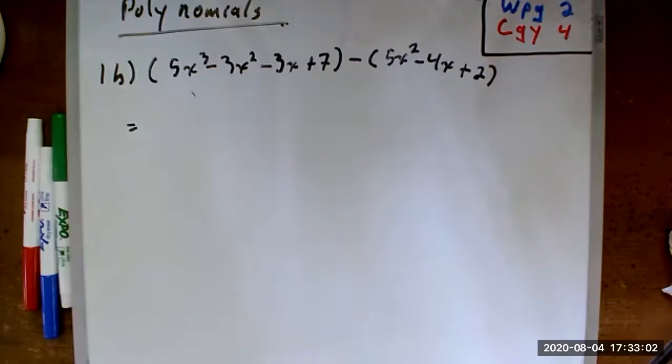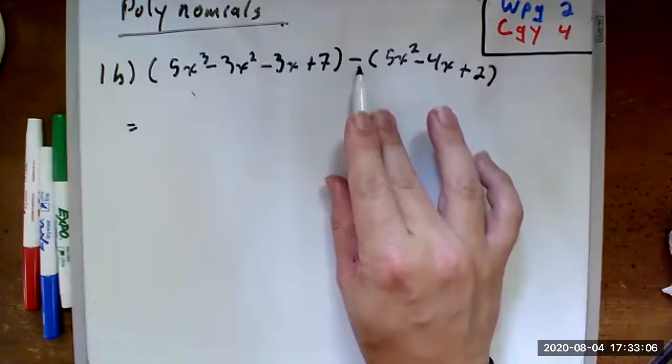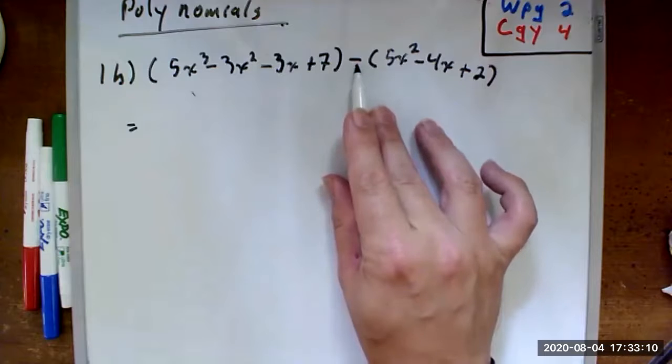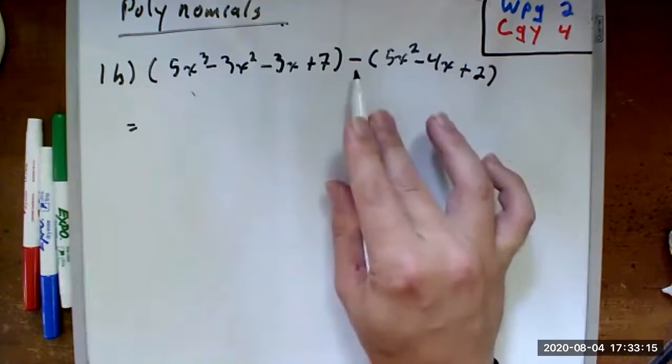I'm going to go on a bit of a slant just to squeeze this under the screen. Okay. The biggest trick when we're adding and subtracting polynomials is to watch for when you're subtracting and there's a minus in front of your brackets.